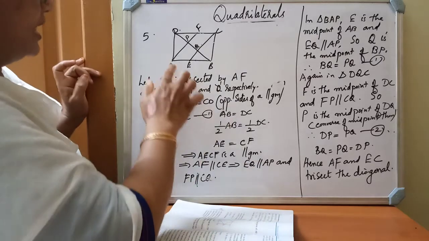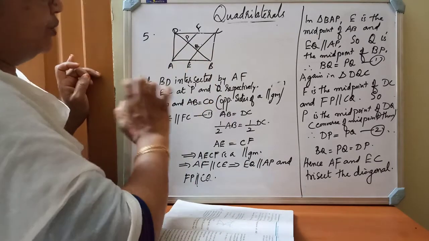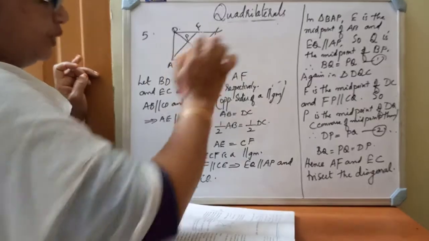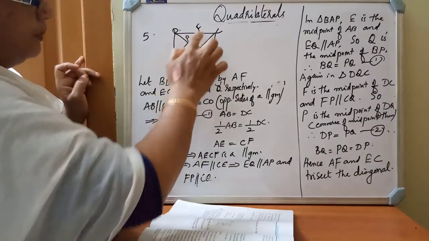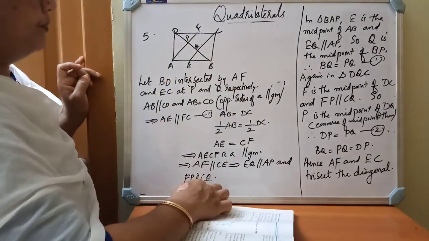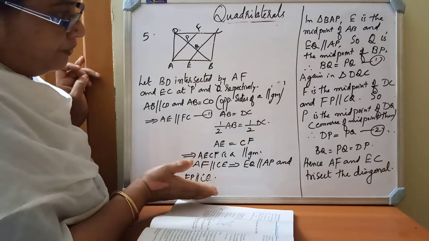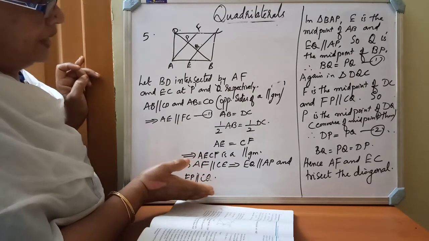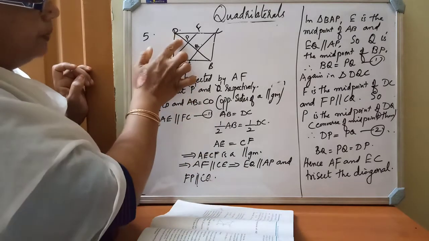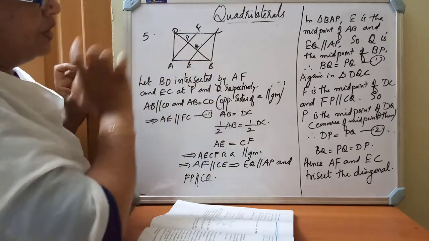So we can say that AP parallel to EQ and PF parallel to QC, so FP parallel to CQ. First we have to prove that these are parallel. Then only we will get DP is equal to PQ is equal to BQ.